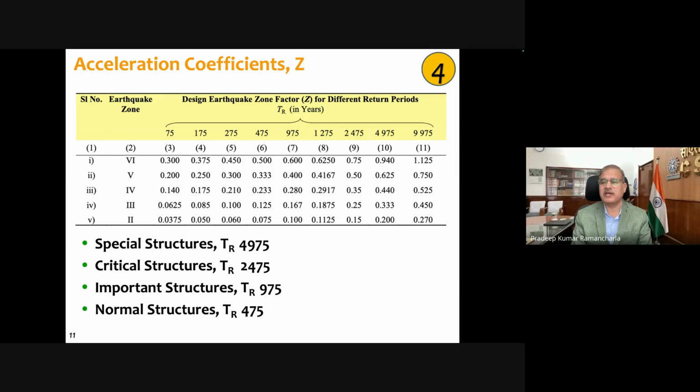For very special structures like power plants and dams, it goes much beyond. As you can see in the table, that is 9,975, approximately 10,000 years return period. If the return period is increasing, the acceleration coefficients are also increasing, and also zone wise they are increasing.